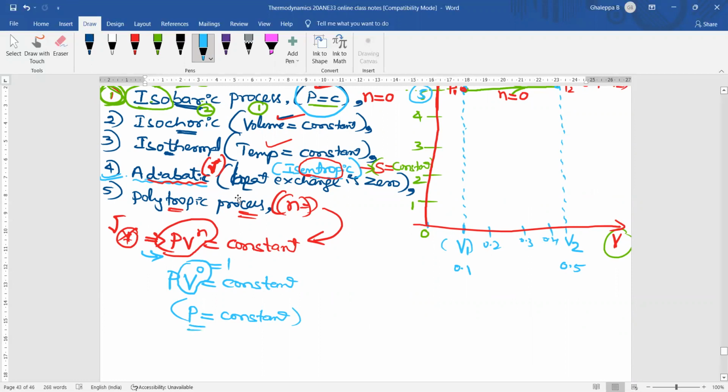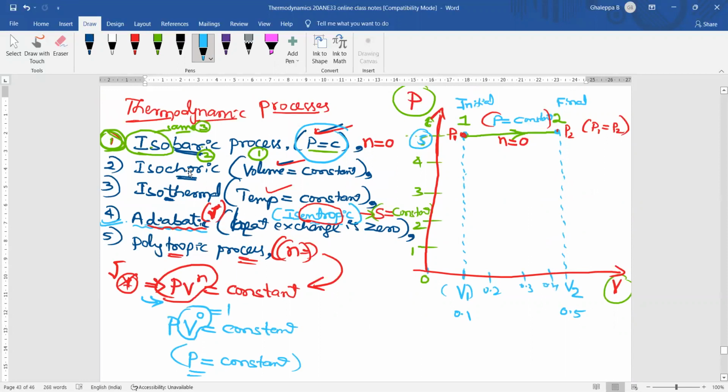Okay. Now the second process, isochoric process. The isochoric process is volume is equal to constant. So volume is on the x-axis. During the process, the volume is 0.1 meter cube.